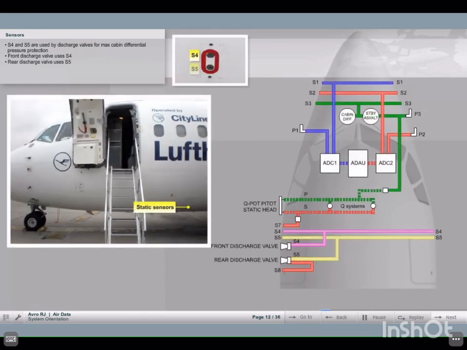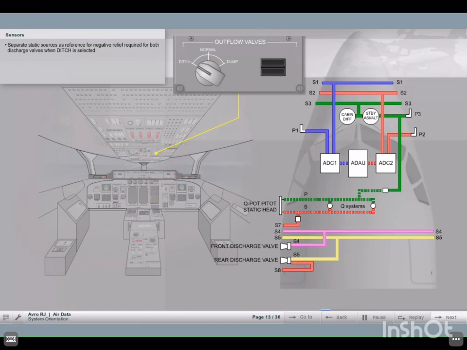Static sensors S4 and S5, each with a vent on each side, are used by the discharge valves as a reference for maximum cabin differential pressure protection. The front discharge valve uses S4 and the rear discharge valve uses S5. When ditch is selected on the pressurization controller panel, both discharge valves fully close.